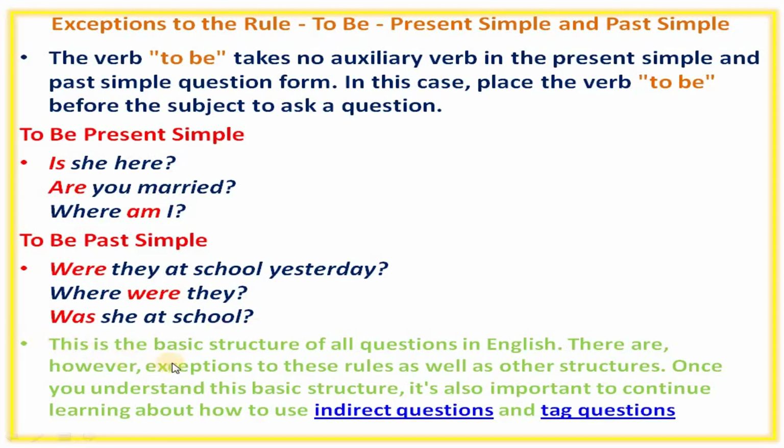This is the basic structure of all questions in English. There are, however, exceptions to these rules as well as other structures. Once you understand this basic structure, it is also important to continue learning about how to use indirect questions and question tags.